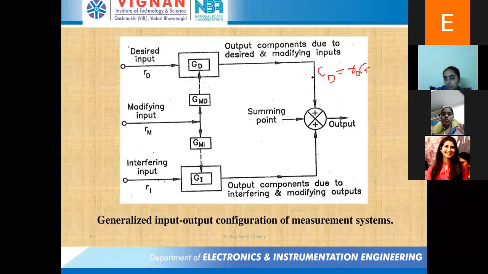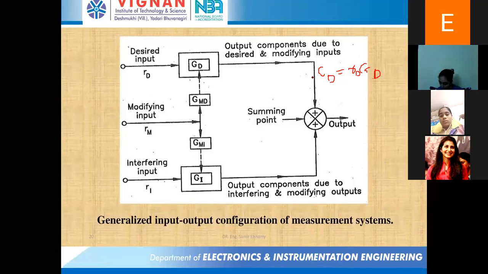What is GD? GD is nothing but a transfer function. It is a constant or a transfer function of that particular instrument. Generally, if you give any input, the output is equal to some constant or some function times the input.